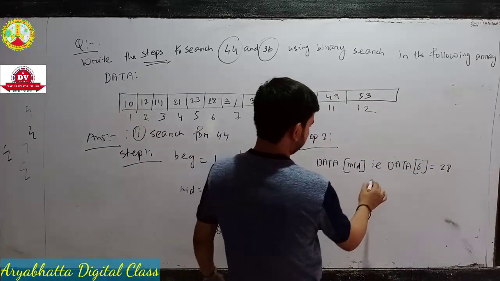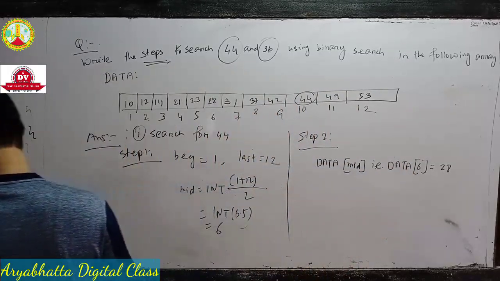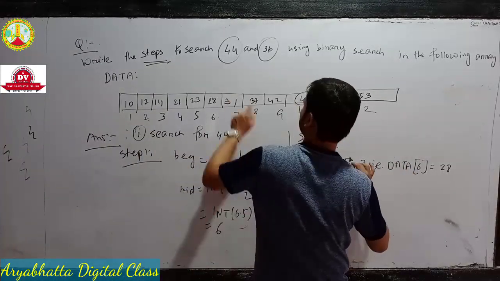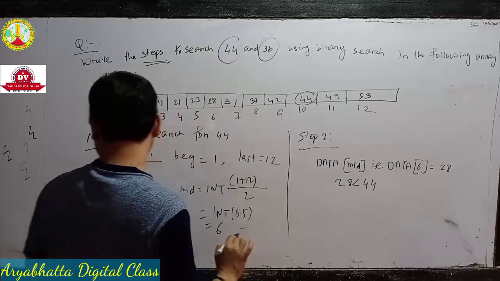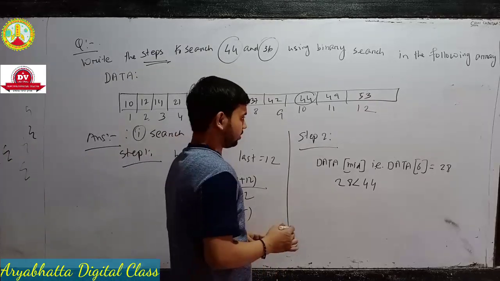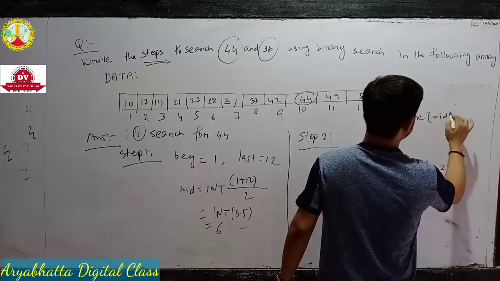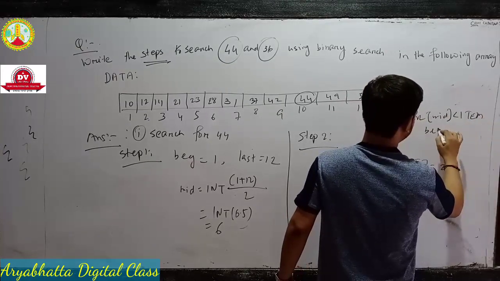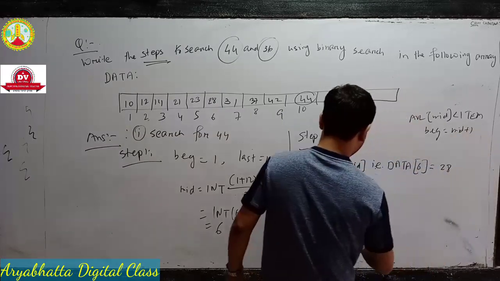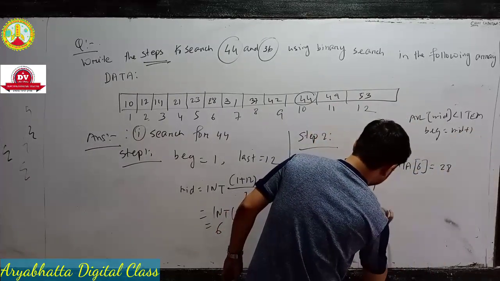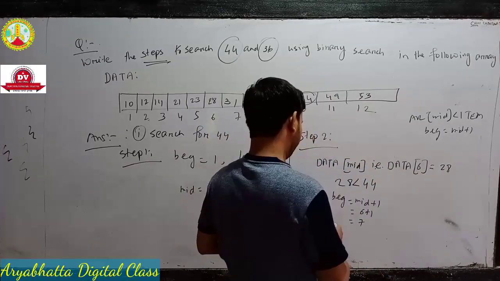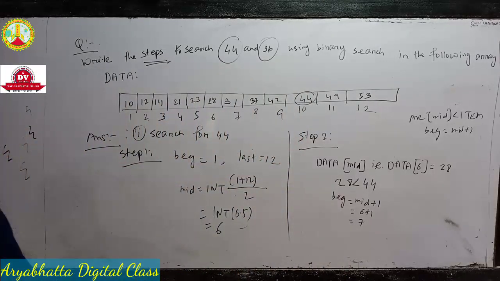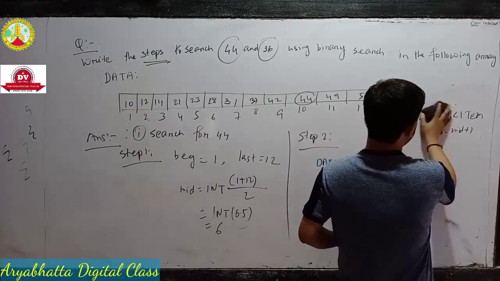Data 6 is 28, and 28 less than 44, correct? That means this formula applies: array mid less than item. In that case, beginning is equal to mid plus 1. Now your beginning is the mid 6 plus 1. Your new beginning will be 7. Understood?